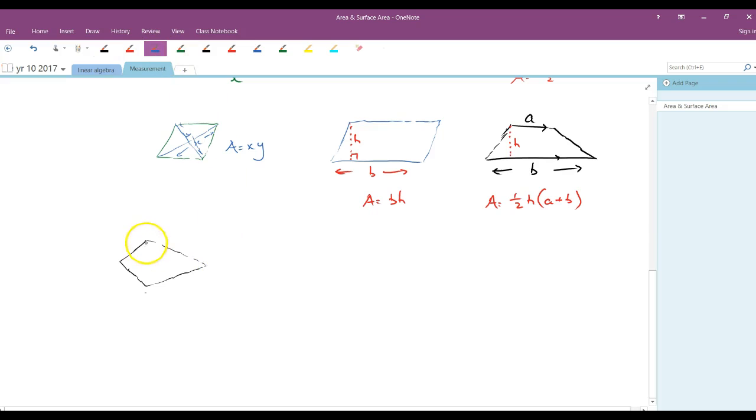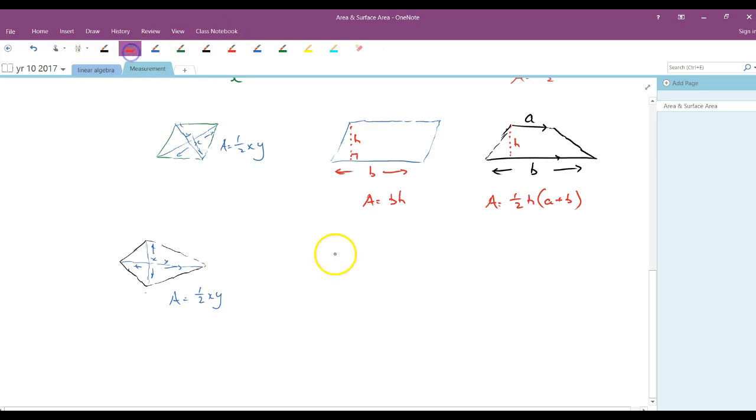Again, with the kite, a bit like a rhombus, we want the diagonals. If that's x and that's y, then our area for our kite is a half xy, as it is for the rhombus. And I've just noticed an error here. Our rhombus area is 1/2 by those diagonals. I apologise for that one.